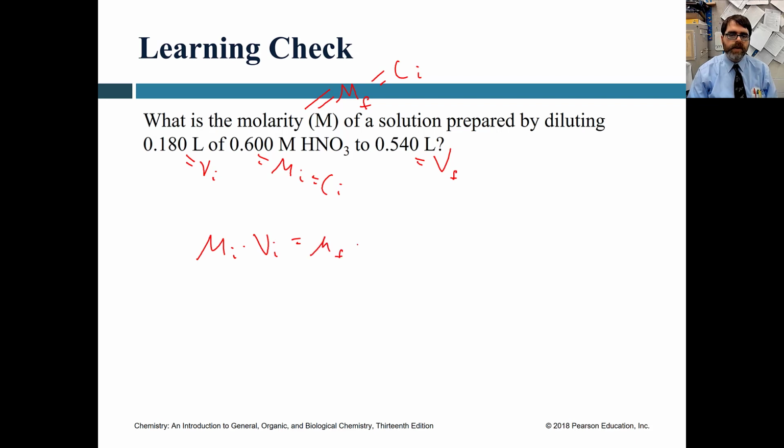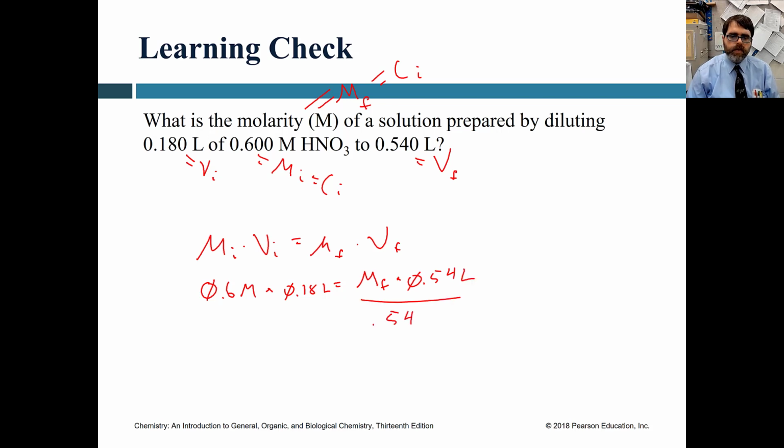So M initial V initial equals M final V final, and then we have 0.6 molar times 0.18 liters is equal to molarity final, which is what we're solving for, times 0.54 liters.